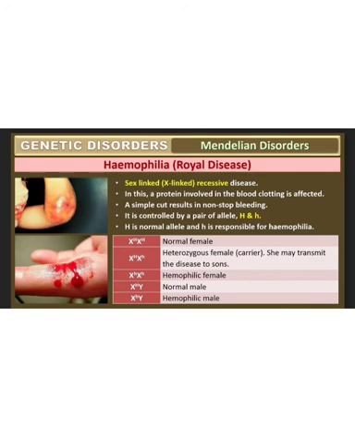It is controlled by a pair of alleles, capital H and small h. Capital H is the normal allele and small h is responsible for the defect hemophilia. So, if both X carry capital H, that is a normal female.